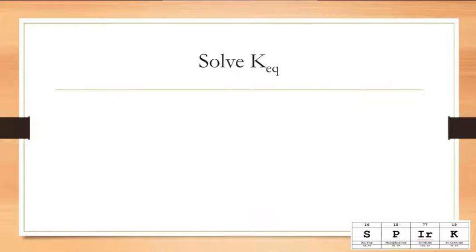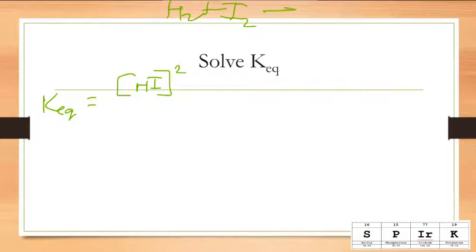So now we can solve for KEQ. So we know that KEQ is equal to the concentration of the products. And remember, it was H2 plus I2 yields 2HI. So we need to square the concentration of HI divided by H2 times I2.